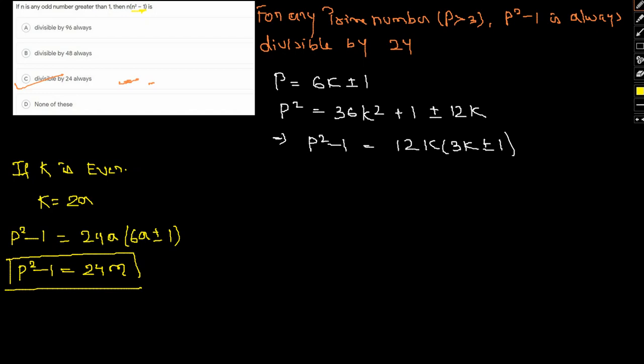Again, in the second case, if k is odd, so I'll take k equal to 2a plus 1.